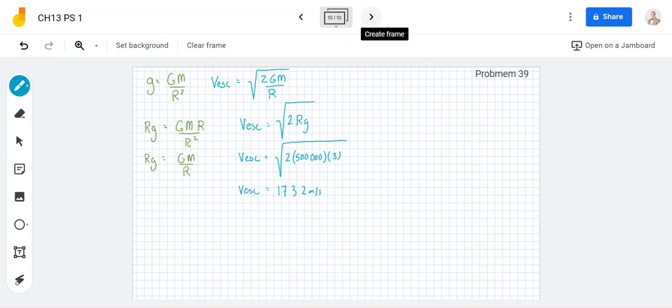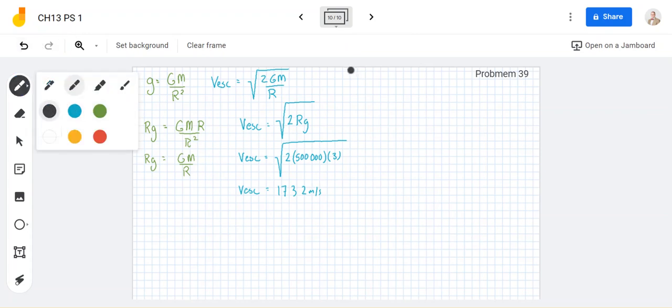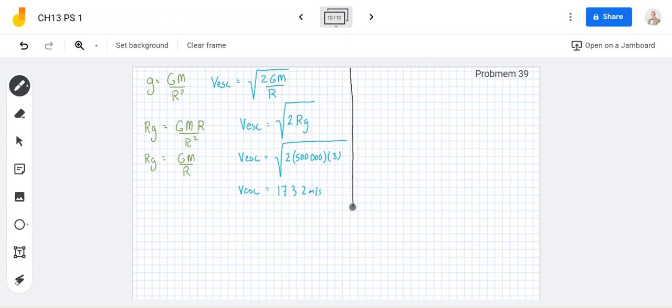Part B says, how far from the surface will a particle go if it leaves the asteroid surface with a radial speed, that means along a radius, not a tangential speed, radial speed, of 1,000 meters per second. So this is going to be a conservation of energy type problem. So we know that once you launch it, the energy is going to be constant.